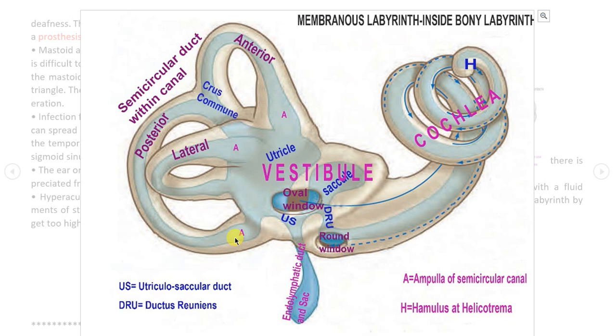So any one end is dilated. So dilatation is called ampulla. So this dilatation of anterior semicircular canal is called ampulla. Similar dilatation here, ampulla of lateral semicircular canal. Here it is ampulla of posterior semicircular canal.